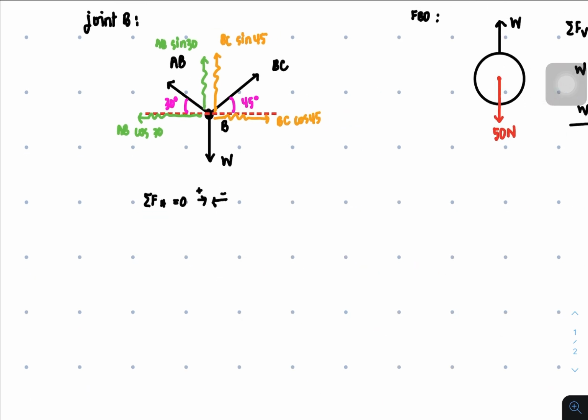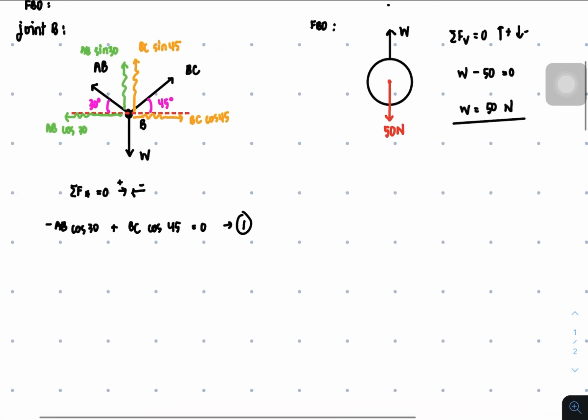Okay, so here we have AB cosine of 30 to be negative because it's to the left, then plus BC cosine of 45, and that's to the right, positive. And there are no other forces along the horizontal except the two. So this is equation number 1.